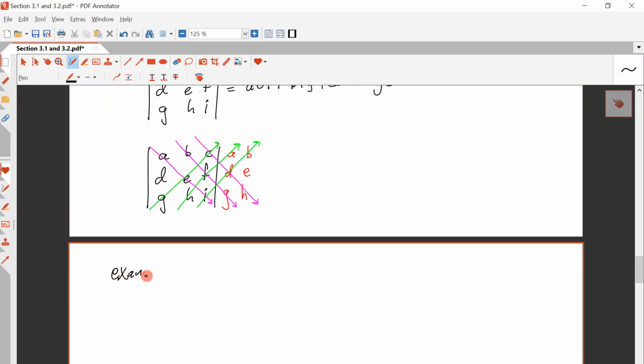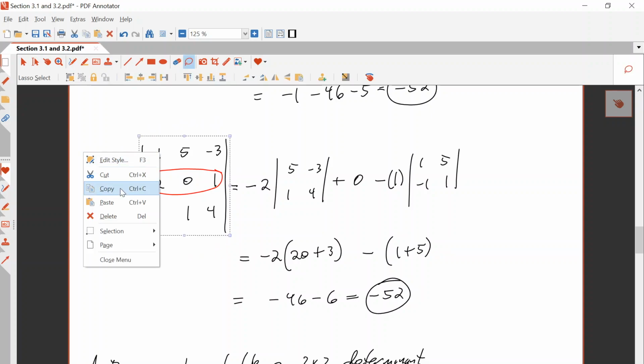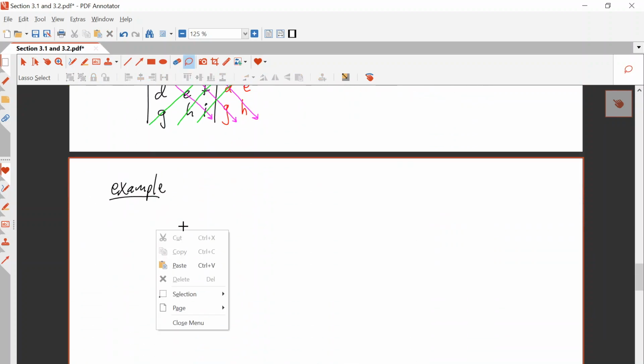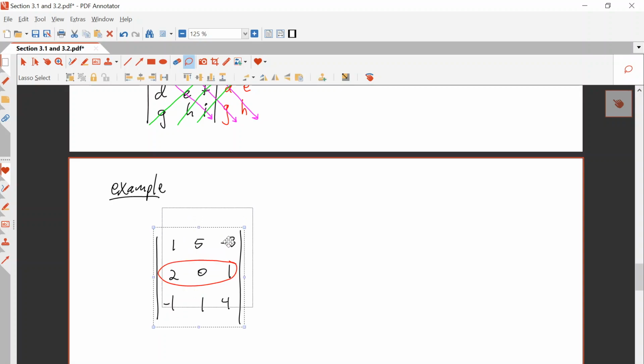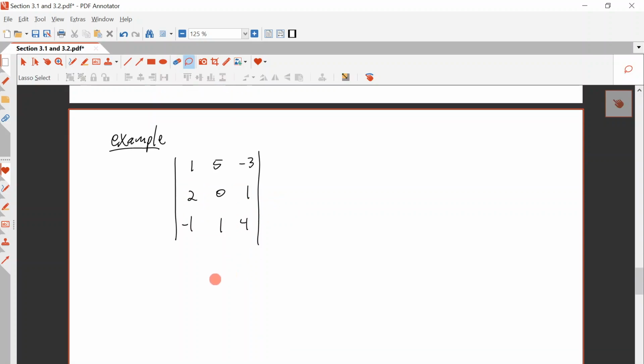So let's take that same matrix that we were working with up here, and let's calculate its determinant this way.